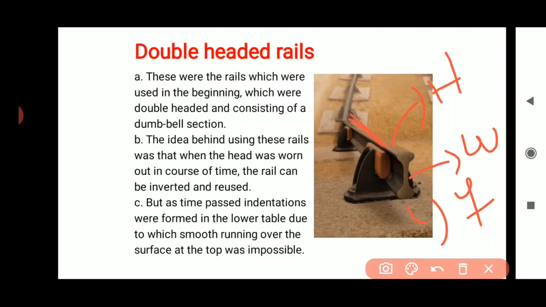In case of a double headed rail, the thickness of the head and the thickness of the foot is the same. The idea behind using these rails was that when the head has worn out in course of time, the rail can be inverted and reused.